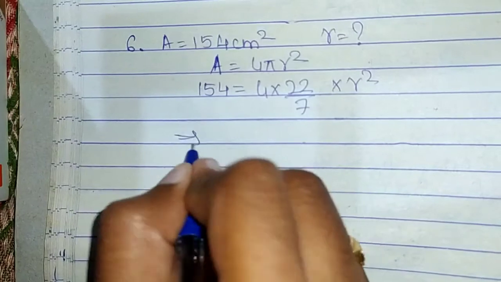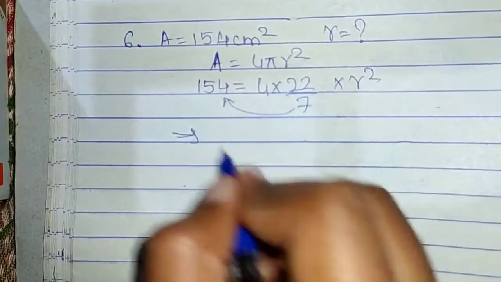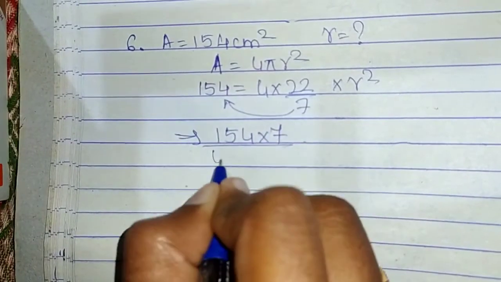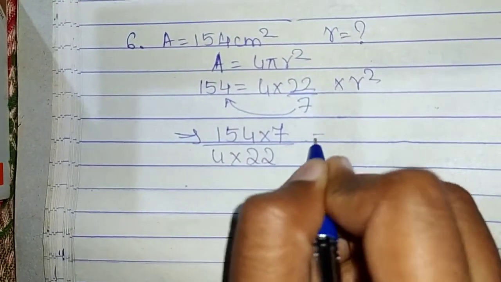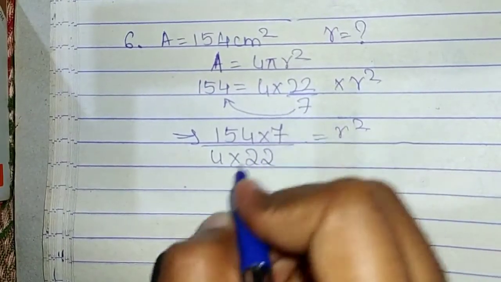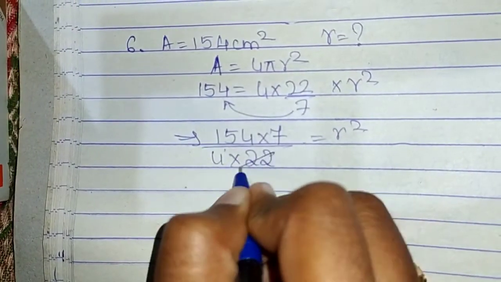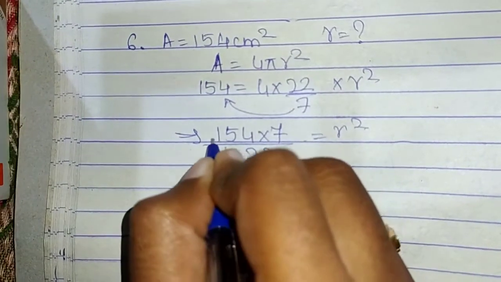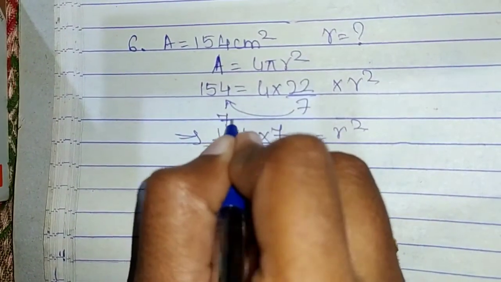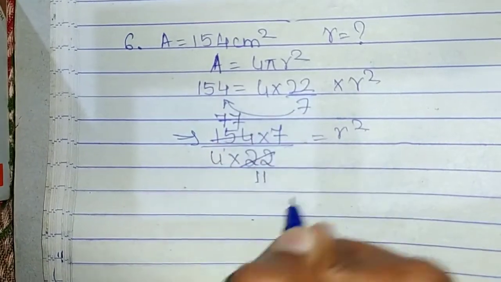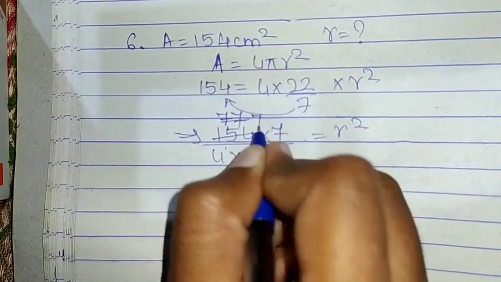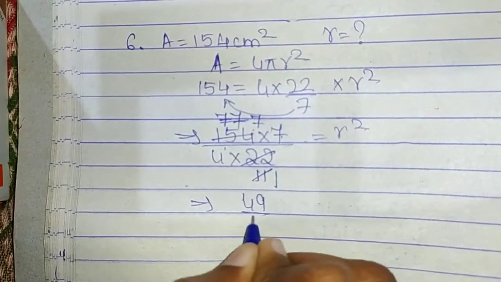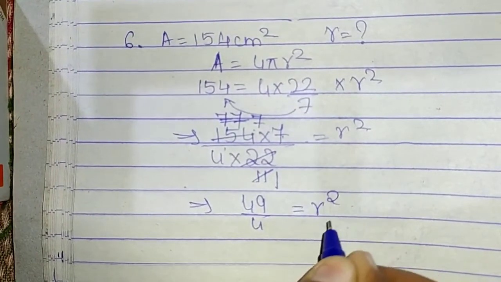On rearranging we get 154 into 7 divided by 4 into 22 is equal to r square, which is nothing but 7 into 7, 49 by 4.